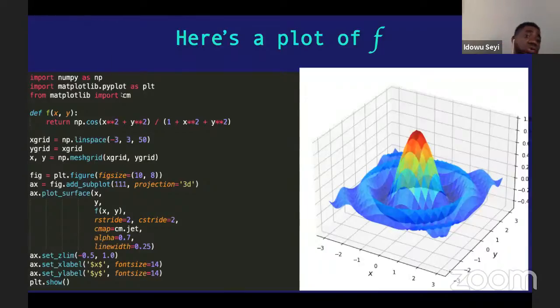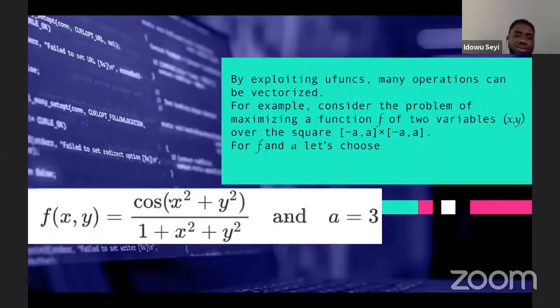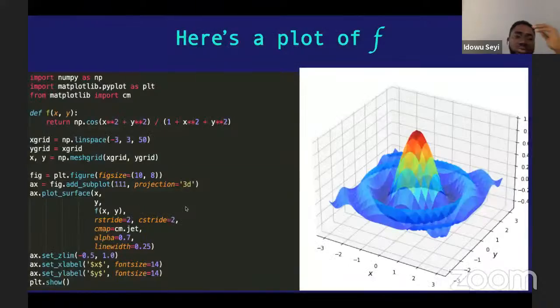So this is writing the code for this mathematical function that we see here. Instead of calculating manually, we can use Python, NumPy, and matplotlib to plot the graph, to run the code and see what we have.